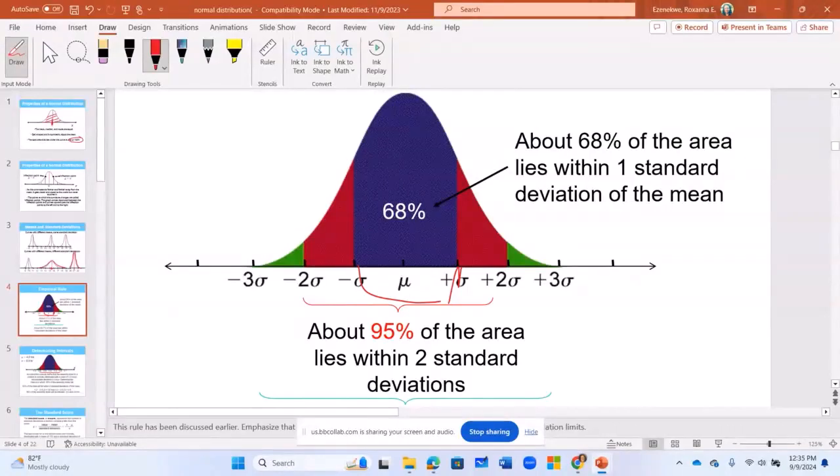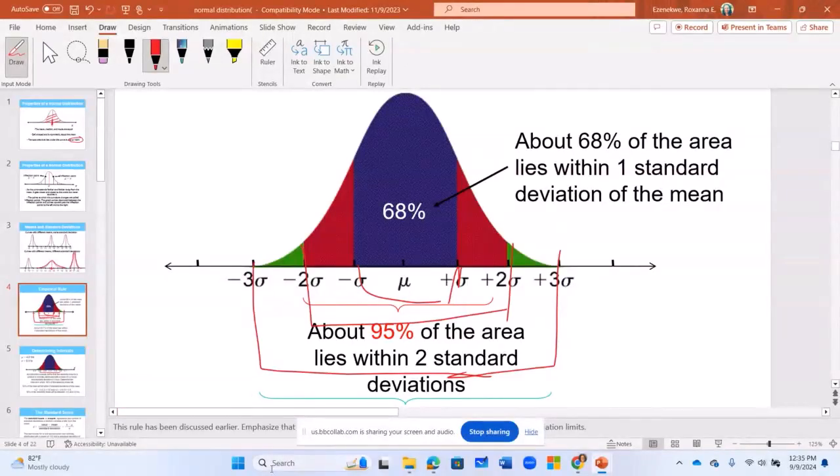From here to here is 95%. From here to there is 99.7%, and it lies within 3 standard deviations. So we talked about them already.